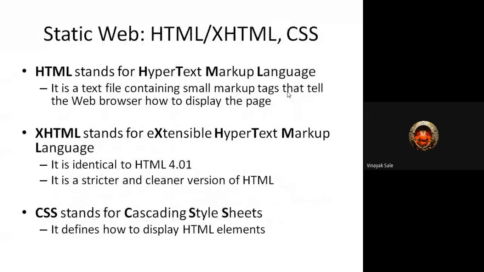Then static web, that is HTML, XHTML, CSS. HTML stands for Hypertext Markup Language. It is a text file containing small markup tags that tell the web browser how to display the pages.